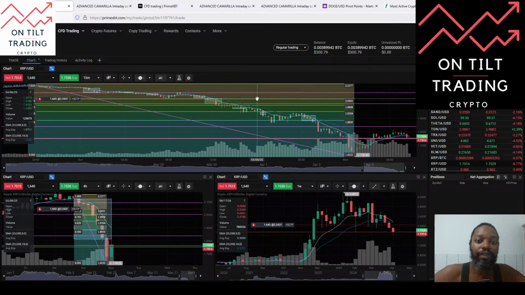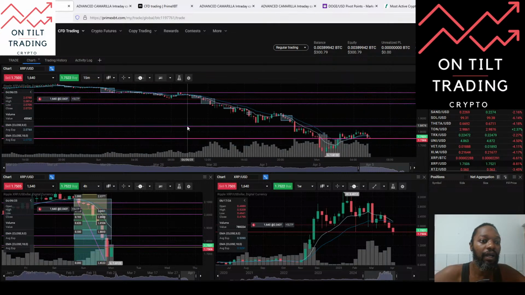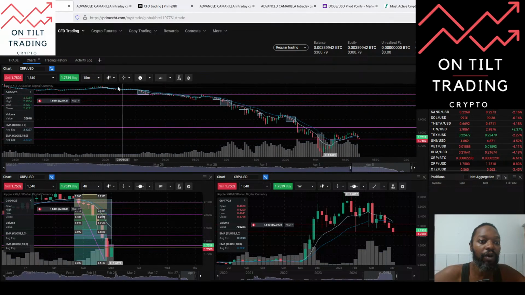And up here on the 15-minute, I'll take that Fibonacci tool off. We can see here smaller pockets of fair value, but I'm going to count this collective whole area here. But you can see where my entry target is.